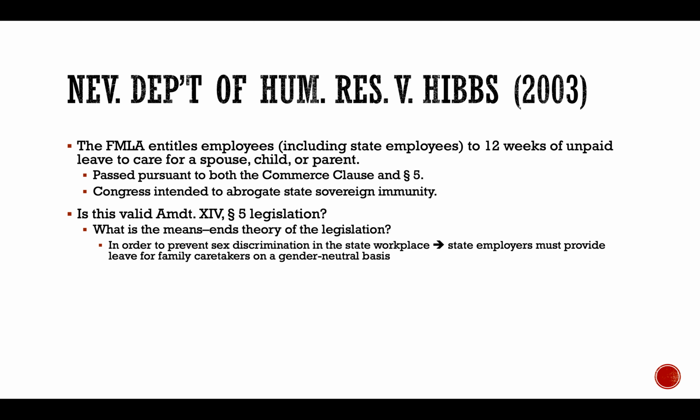And the way that Congress is attempting to do that here is by having this 12 weeks of unpaid leave to care for a spouse, child, or parent. So we're going to want to untangle that a little more, because it might not be obvious how this is a prophylactic remedy, a prophylactic measure that is going to accomplish that end.